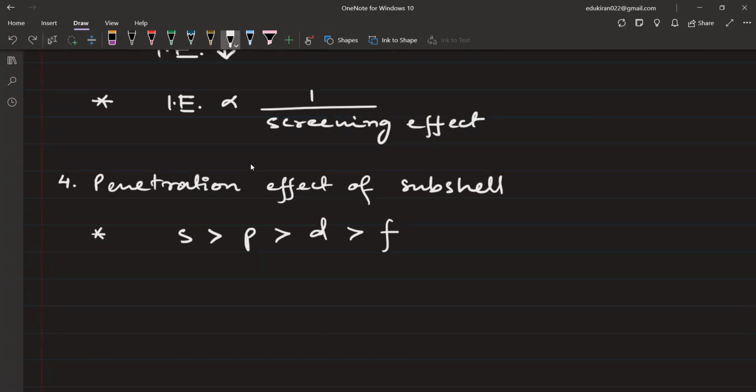Right, the fifth point: electronic configuration.